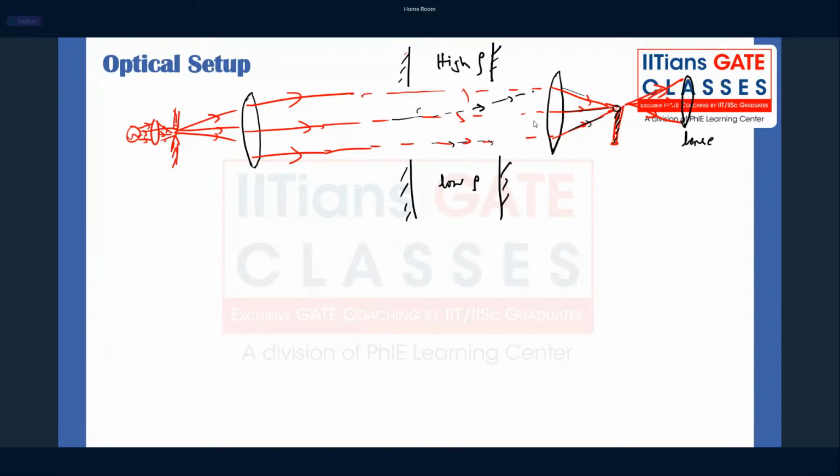So all the parallel beams will converge, but the beams hitting at a different angle are not going to converge at this knife edge. You are getting my point? They actually skip the knife edge.